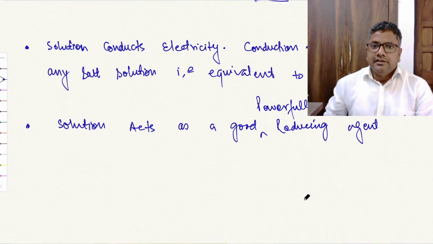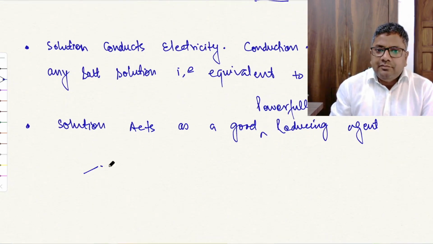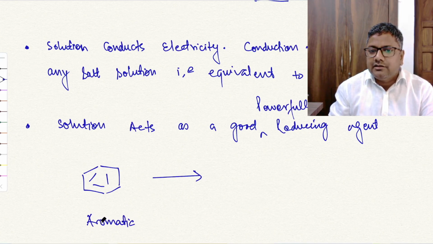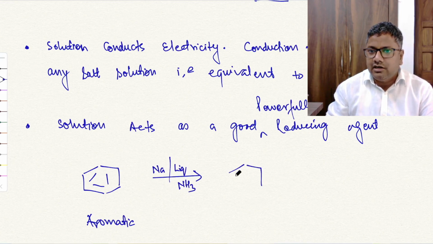Many benzene rings, which are aromatic, resist reduction, but if you take sodium in liquid ammonia, it converts them into a non-aromatic compound like this.